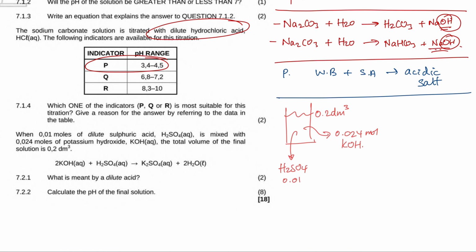So what we'll do here is we'll first start by trying to figure out whether the pH is going to be greater than 7 or less than 7. And to do that, I need to figure out whether I'm going to have acid in excess or base in excess. So I'm going to do a quick ratio between KOH and H2SO4.